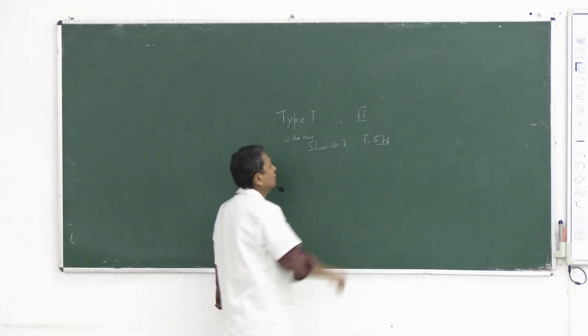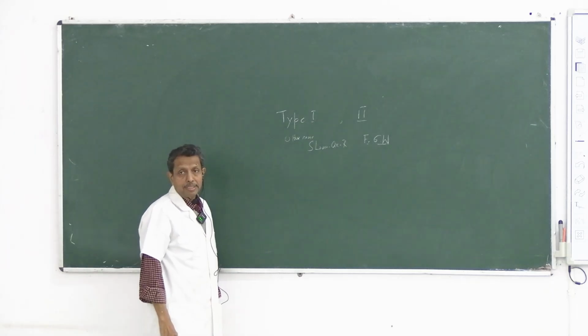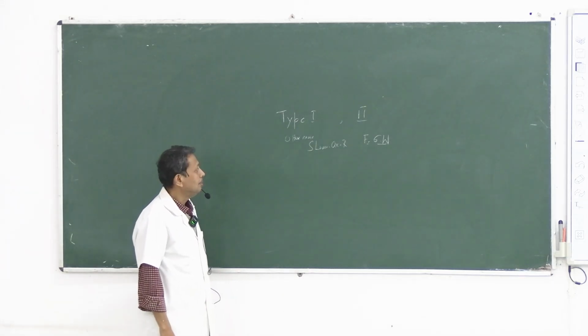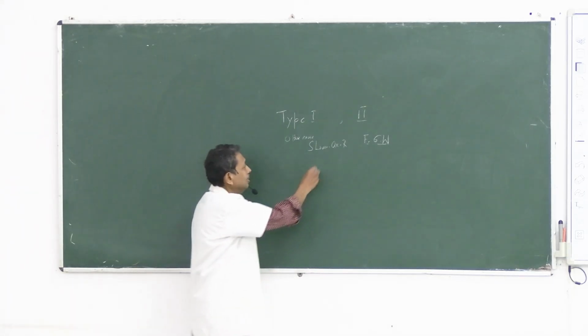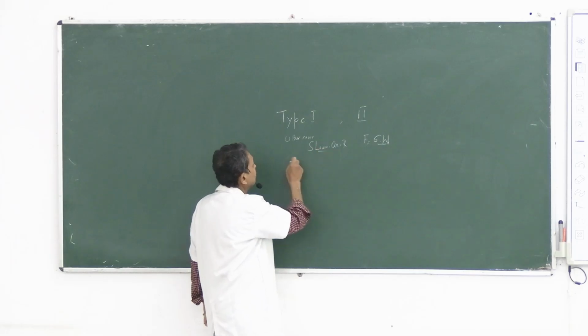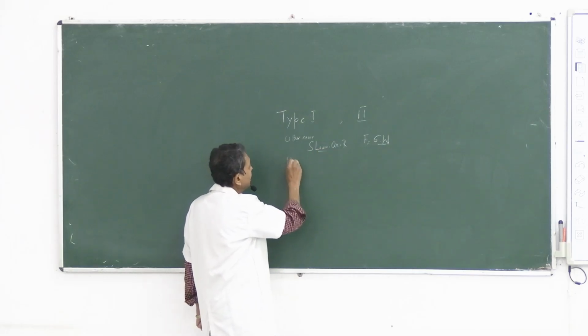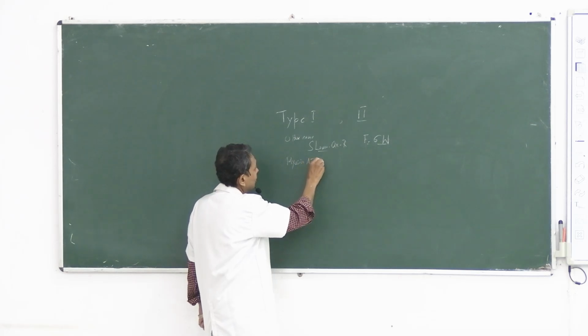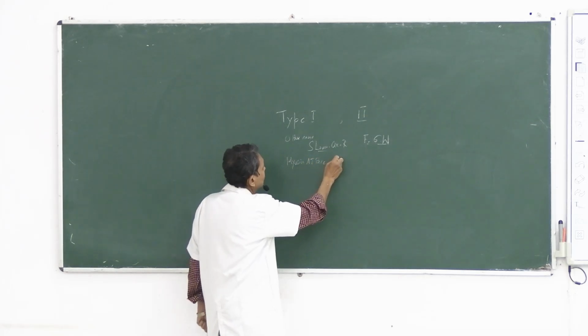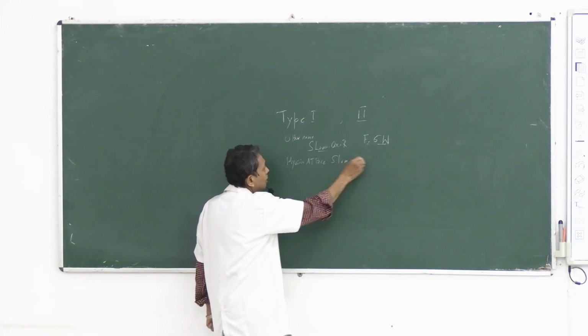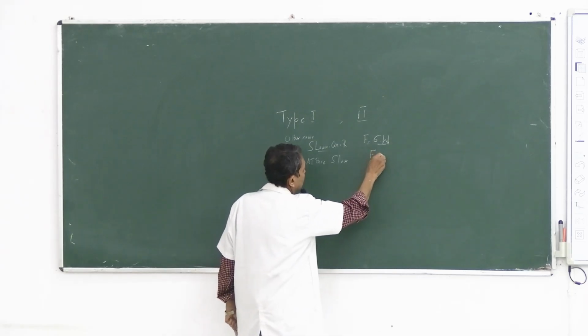These are typical. And in this case there is myosin ATPase activity. It is slow in one and fast in the other.